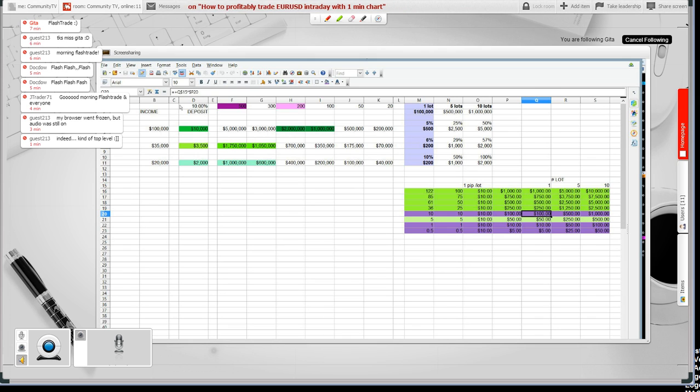I created the chart to give an idea: if you have an income or net worth of $100,000, I suggest to trade with $10,000, and my suggestion is 10%.